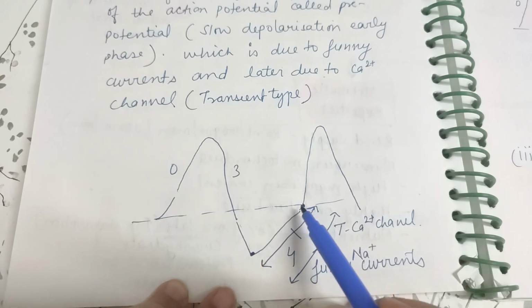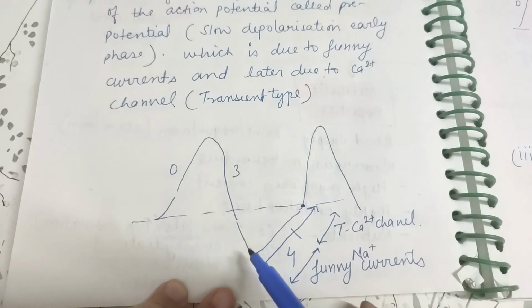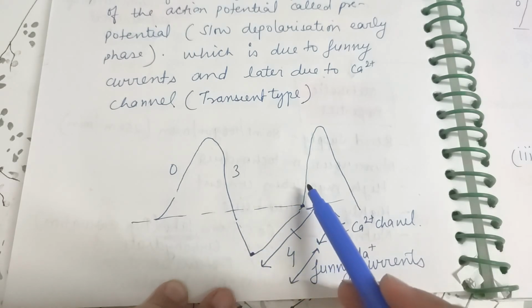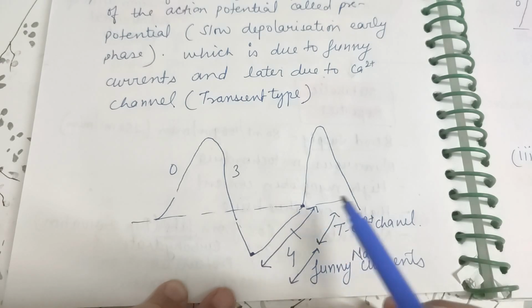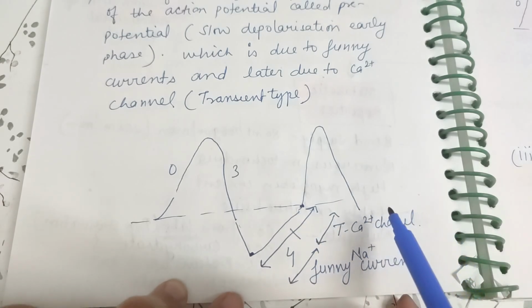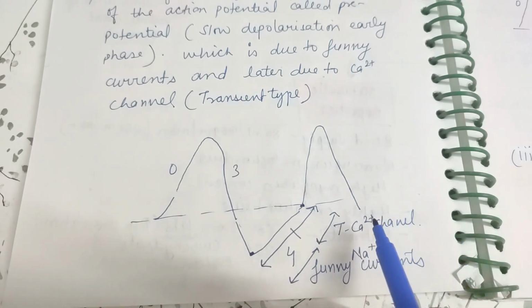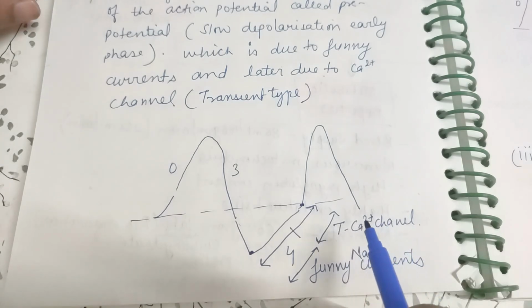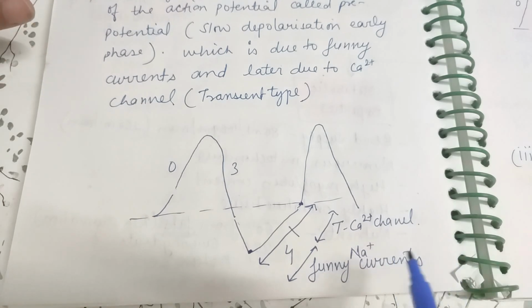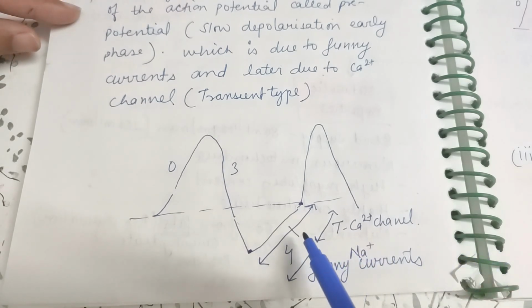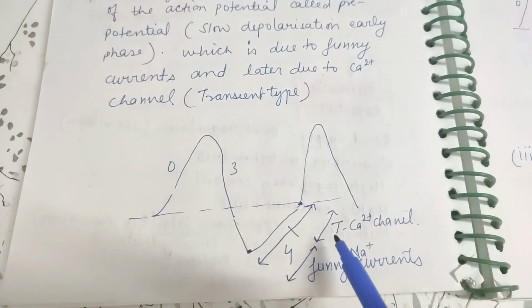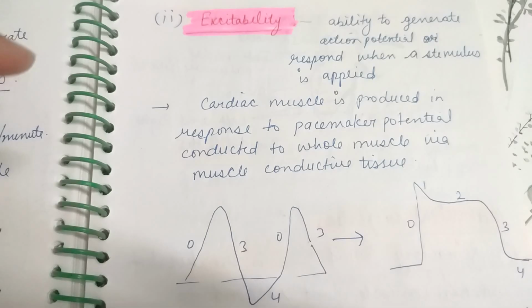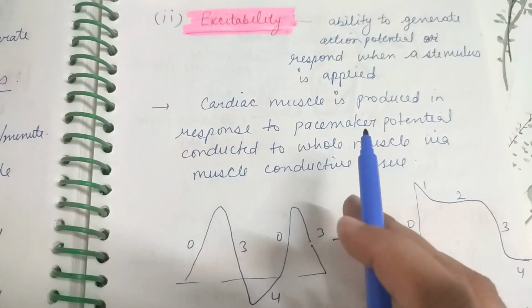Because of this slow depolarization, the SA node is able to generate the next rhythm at proper spacing intervals. That is the property of autorhythmicity. It can generate its own rhythm at a specific rate, and the causes are funny channels and transient calcium channels.